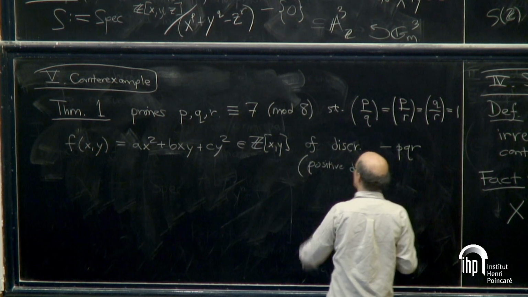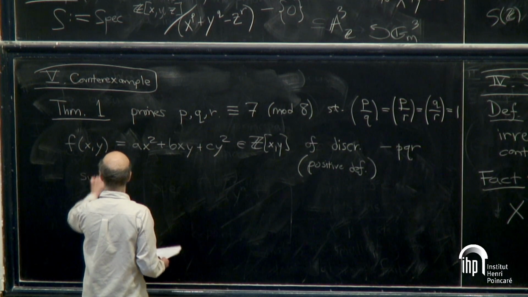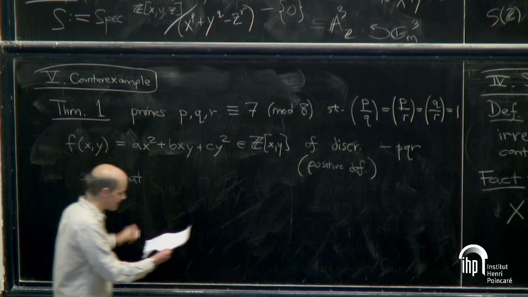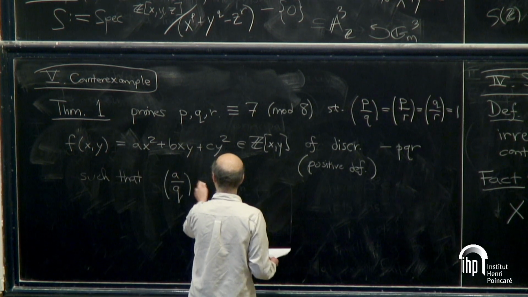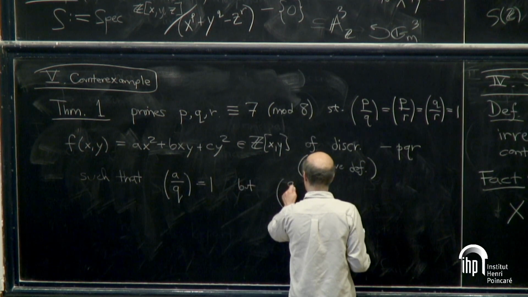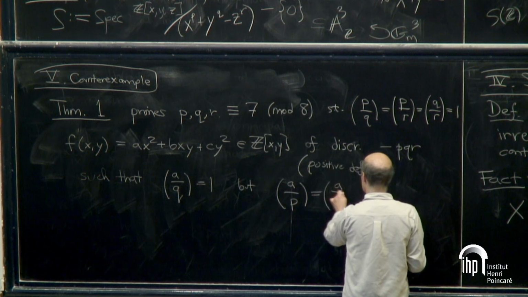And also such that this leading coefficient A satisfies some Legendre symbol properties as well: A is a square mod Q, but A is a non-square modulo the other two primes.